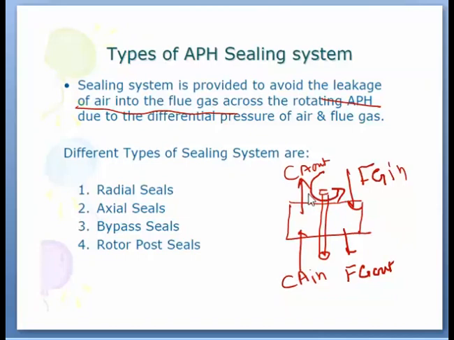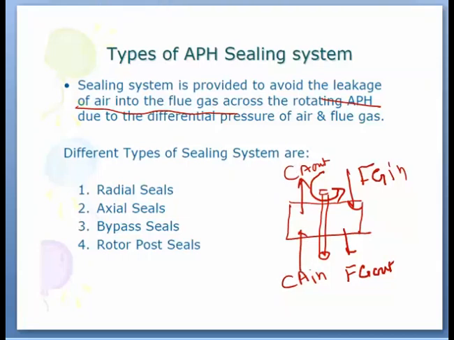So there will always be a differential pressure existing in the system, due to which there may be a chance of short circuiting of the fresh or cold air into the flue gas. In general, the airflow has a higher pressure level in comparison with the gas stream. So here is the higher pressure area, and this is the lower pressure zone in comparison with the cold air path.